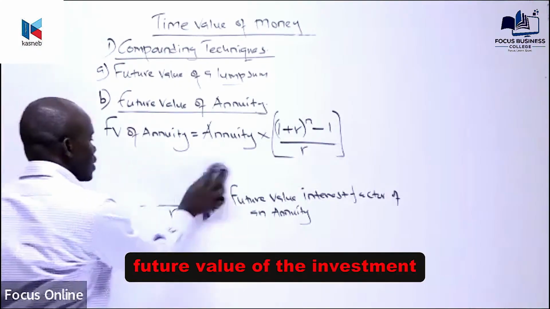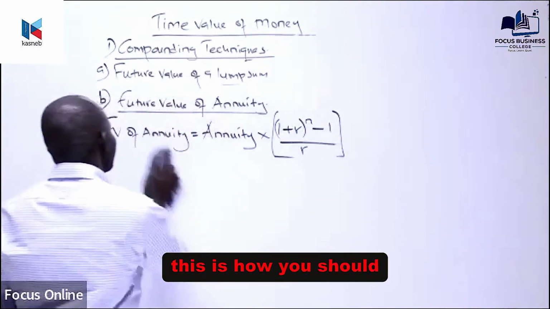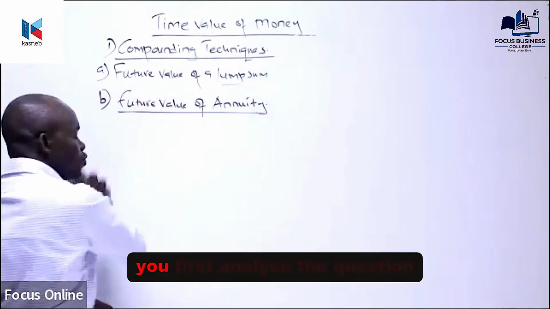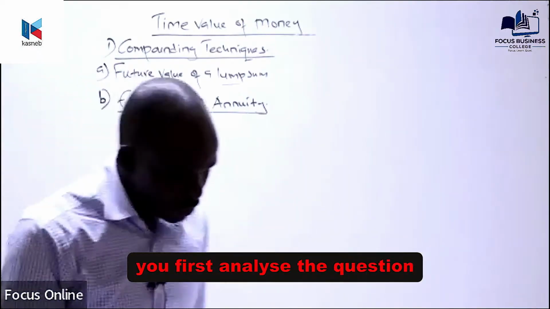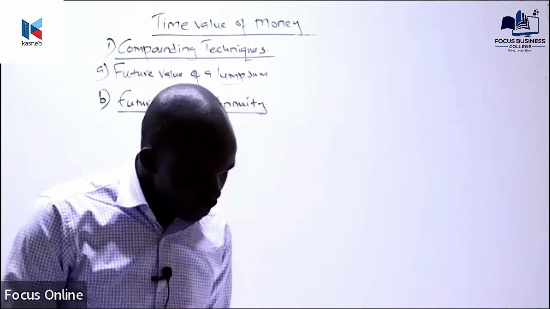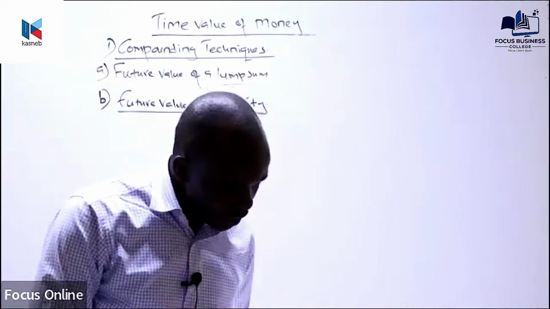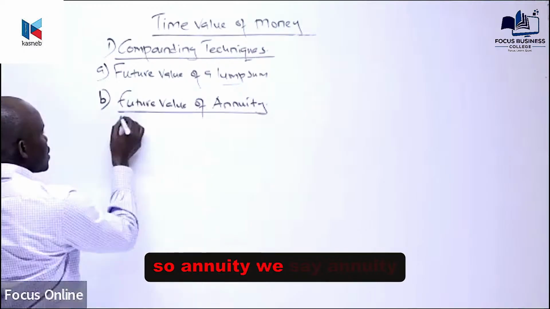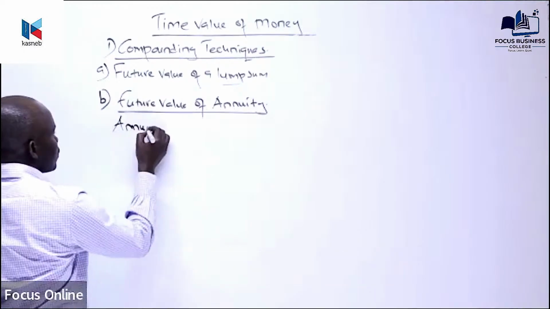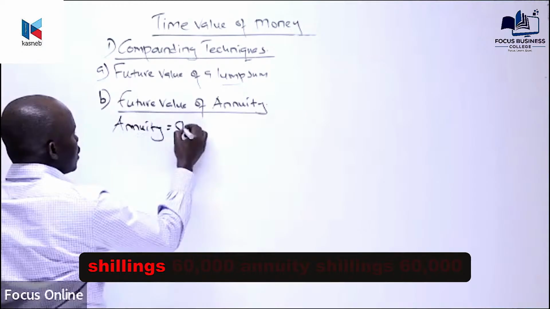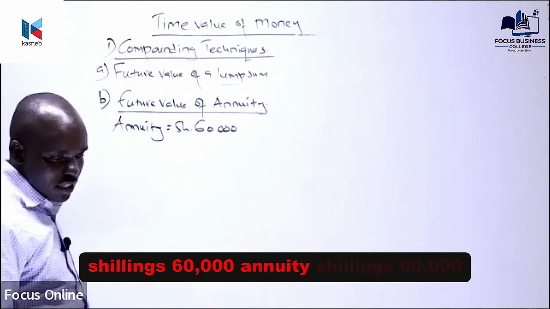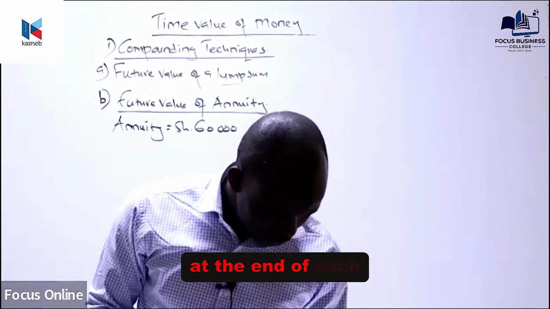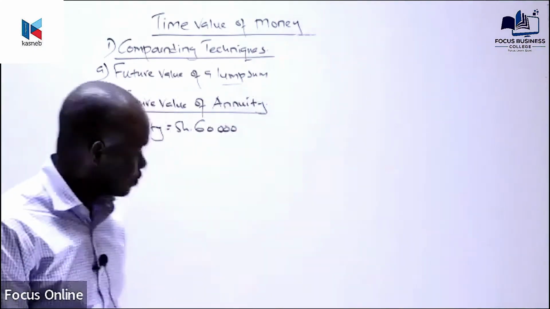Now we start. This is how you should be approaching these questions. You first analyze the question. For example, here we are saying the amount to invest is 60,000 at the end of each year. So annuity: shillings 60,000 at the end of each year for 4 years.